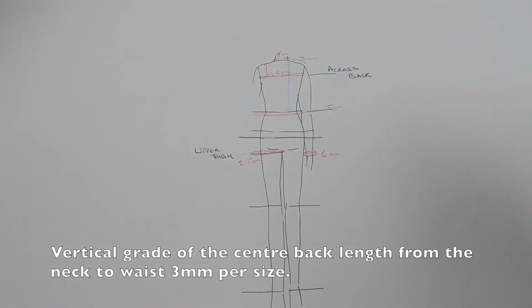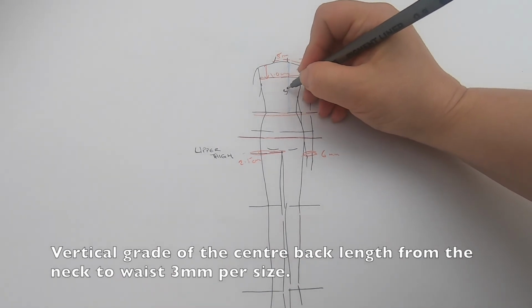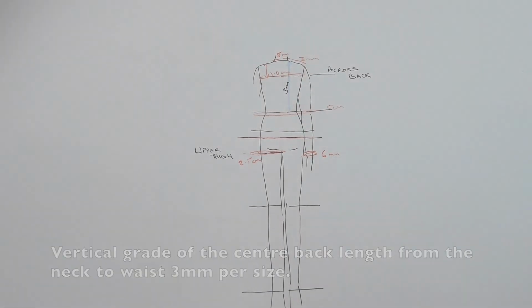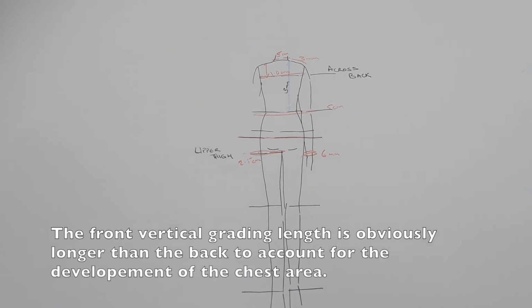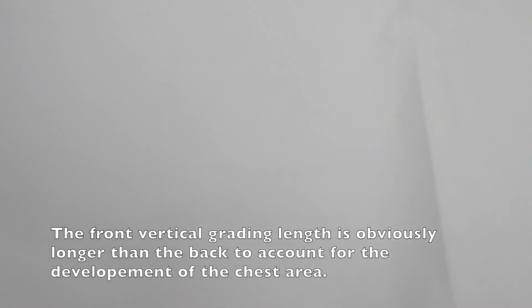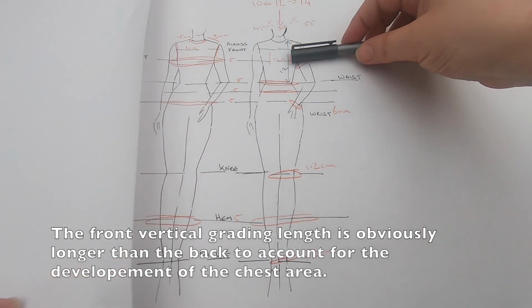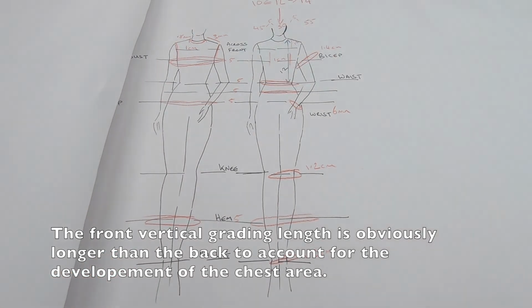This is 0.3, so this is just 3 millimetres. The front length is obviously longer with our 1.2. We have more growth to consider with chest and bust areas.